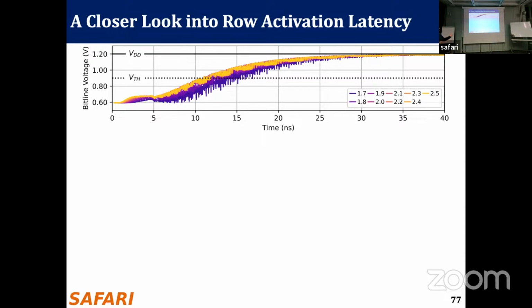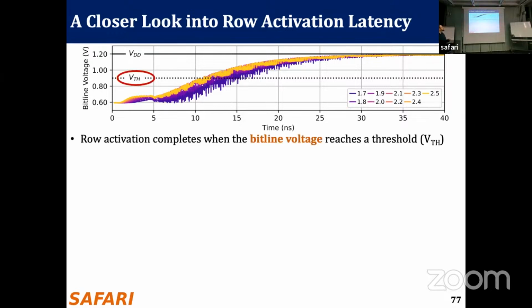So on the x-axis, we look at the time, and on the y-axis, we look at the voltage on the bit line. So the row activation happens when the bit line voltage reaches this threshold voltage that is defined over there. And here different colors show the curve for different wordline voltages.